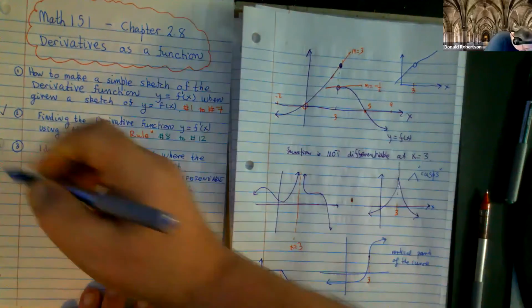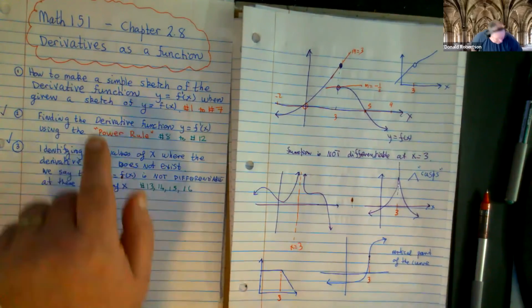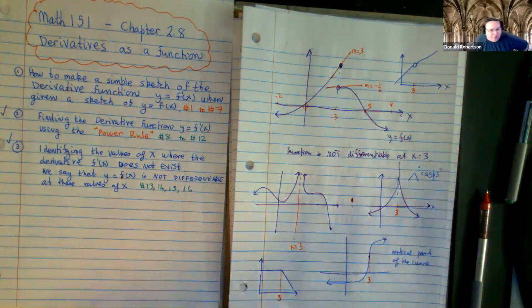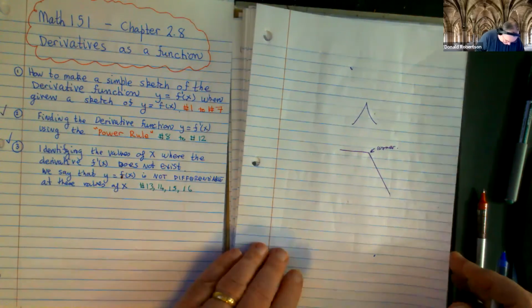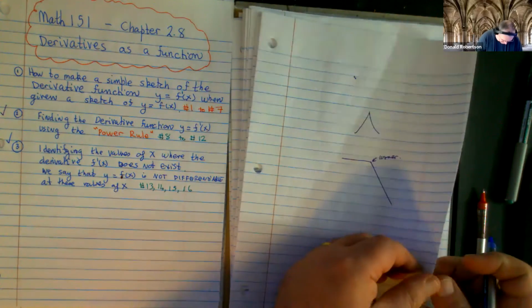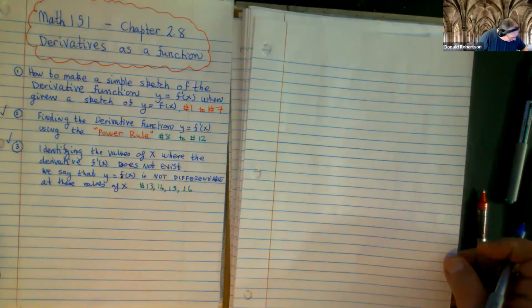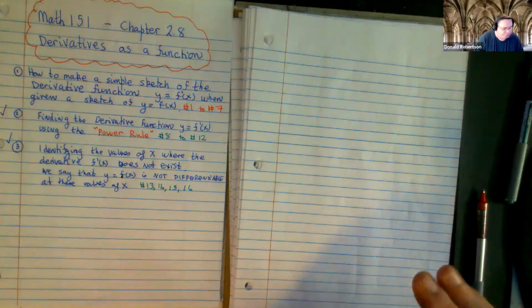So cross that off my little list. Now we're going to look at how to make a simple sketch of what the derivative function looks like when all you're given is a sketch of the original function. Let me show you, as best I can, how you do that.